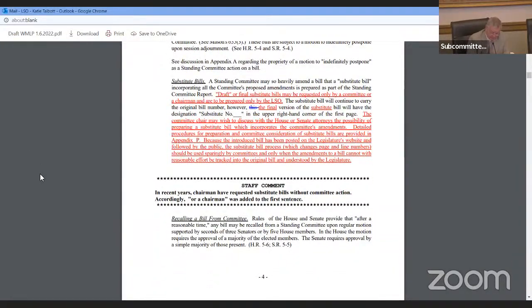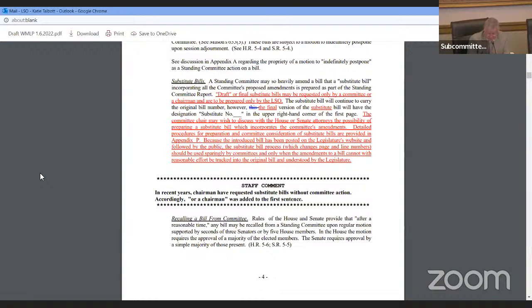And what we're doing here is really putting in precedent and practice. Substitute bills always throw people for a loop because generally a committee secretary might have one a session. And so, well, how do I do this? It's different from everything else. And the substantive change here, Mr. Chairman, is that we've allowed the chairman to request a substitute bill.